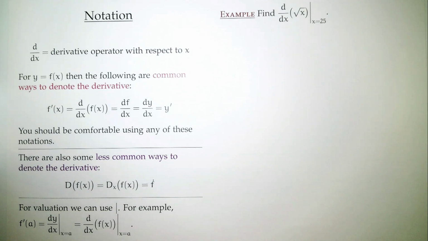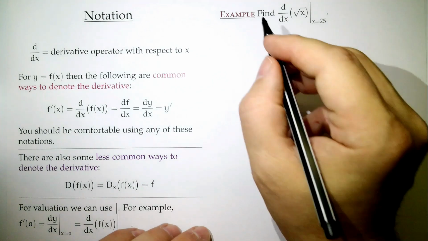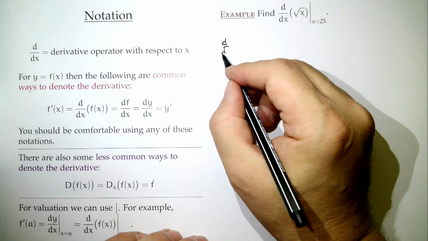Another way to do this, which is probably the way we'll do it now just because practice is good, is we'll say, well, let's just find the general formula for the derivative of square root of x, and then once we have that, we'll plug 25 in. So here we go. The derivative of square root of x.